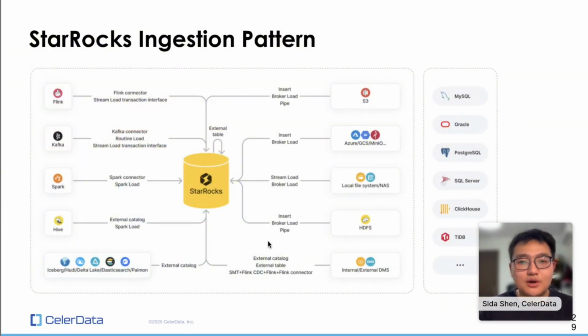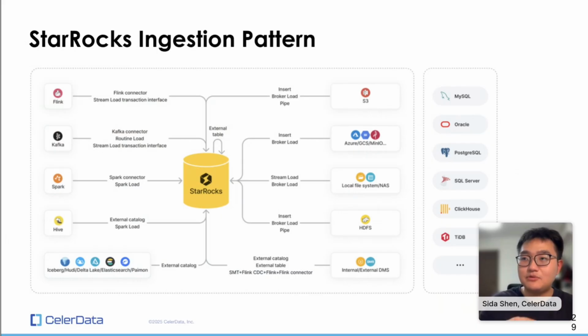Yeah, so we can read from a lot of sources. We have a Flink connector, we have a Kafka connector, and we have Routine Load. Basically, one uses Kafka's resources, and one uses StarRocks resources to pull the data. We have a Spark connector to write the data files, and we have external catalogs.